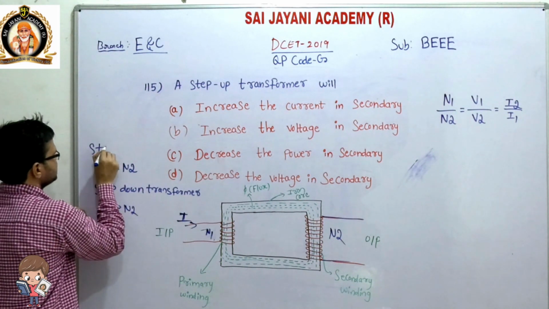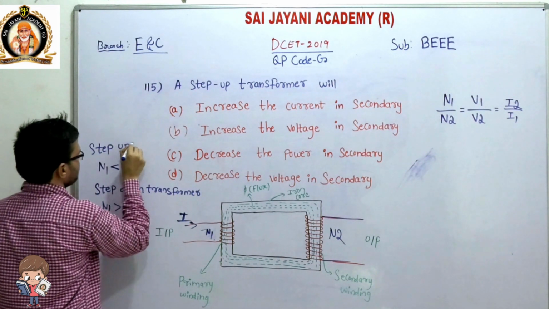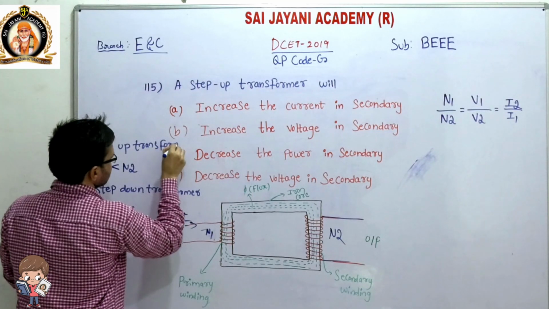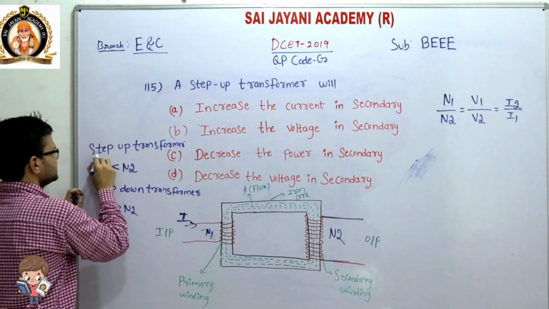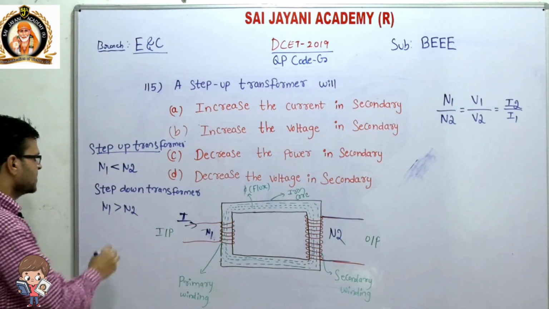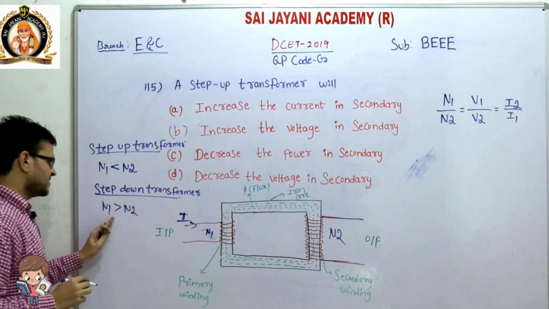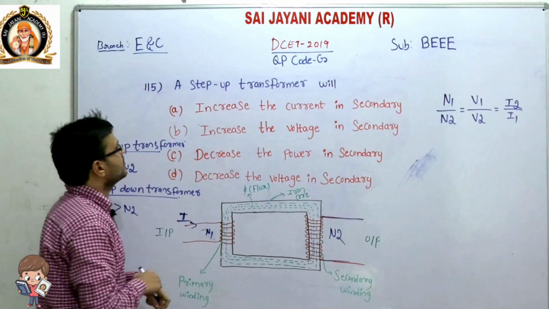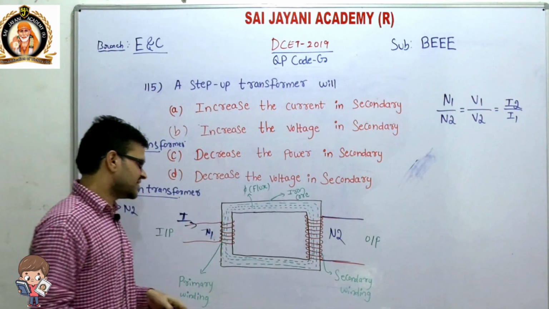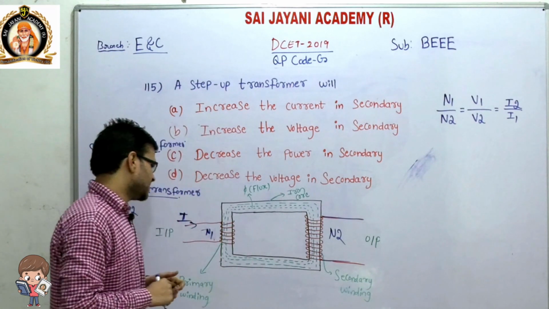This is for a step-up transformer. Here in this step-up transformer, the number of turns N1 is less than N2. In a step-down transformer, N1 is greater than N2. But in the question they are asking for a step-up transformer, so we are considering a step-up transformer.